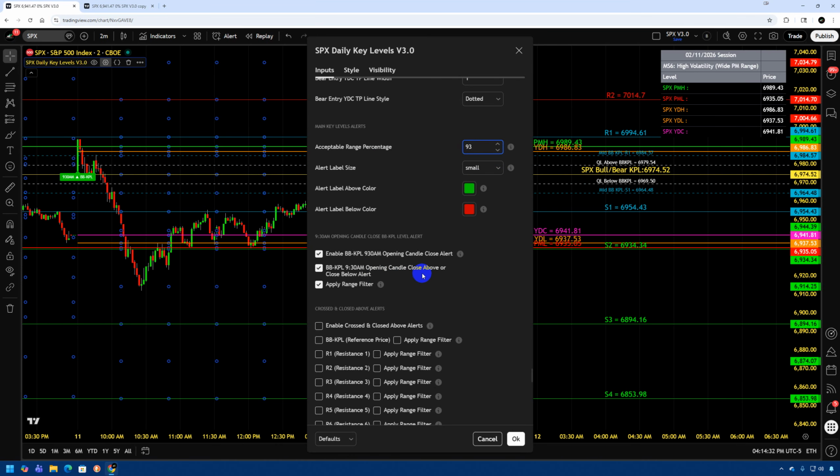Remember, this is a dual close above or close below alert, so it's going to alert you either way if the close above or the close below is at or within the acceptable range percentage. So if it was set to 50, that means it's got to close within 50% or less, close below or close above 50% or less to actually show on the screen.